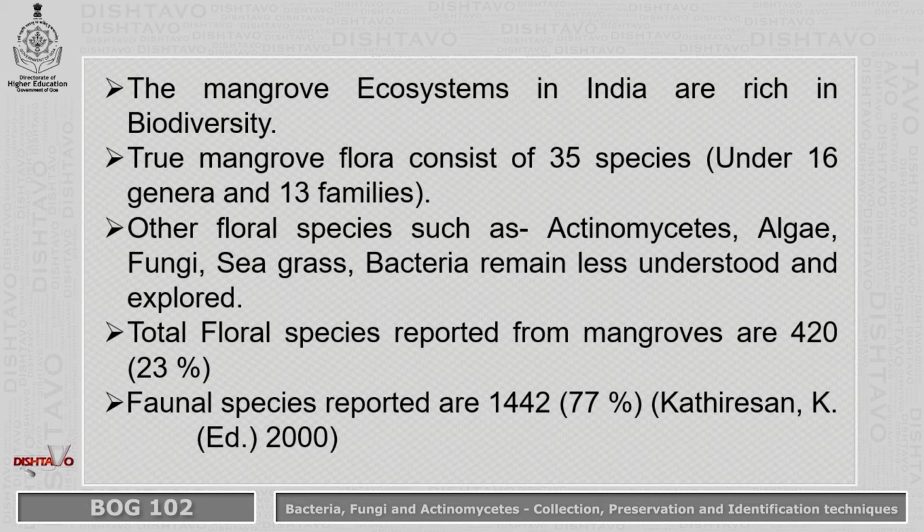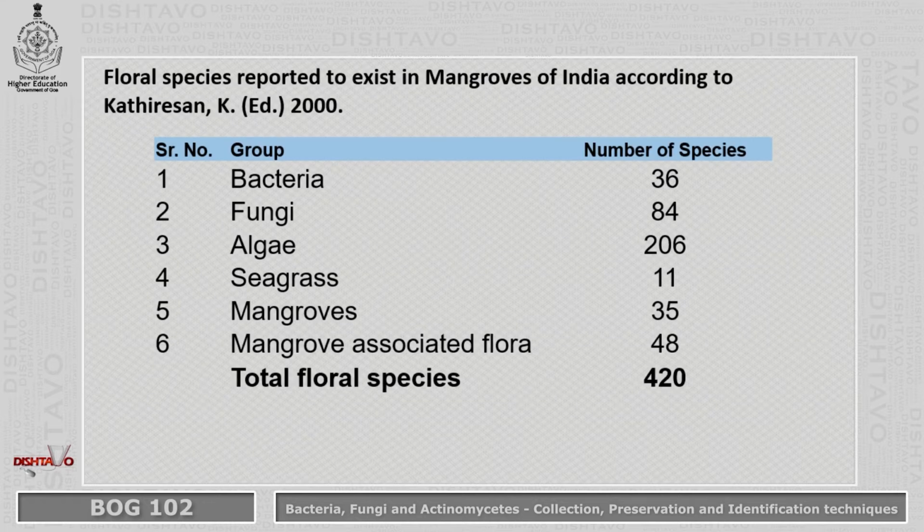Other floral species such as actinomycetes, algae, fungi, seagrass, bacteria which are found in mangrove remain less understood and less explored till date. Total floral species reported from mangroves are 420 species and faunal species 1442 species. You can imagine the extent to which the species remain unexplored.